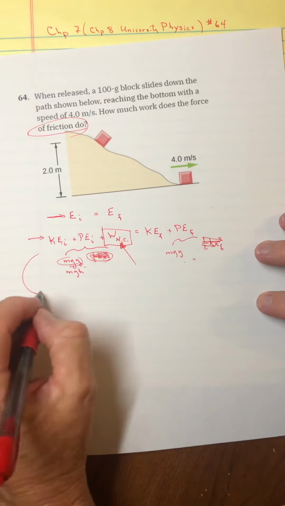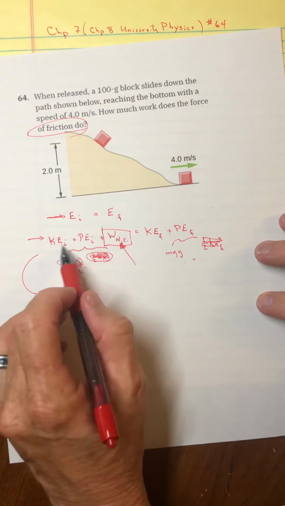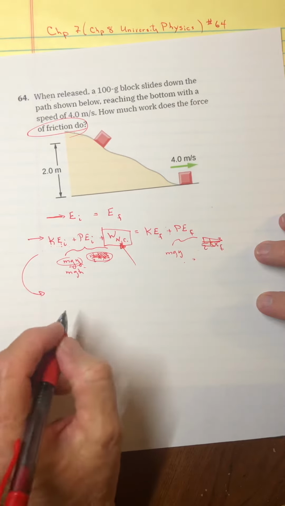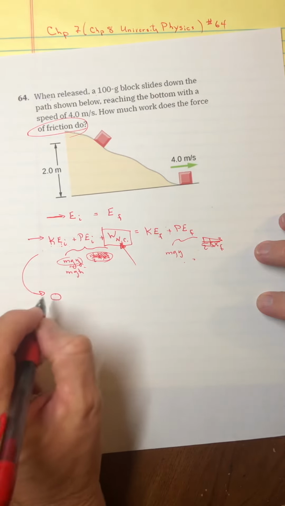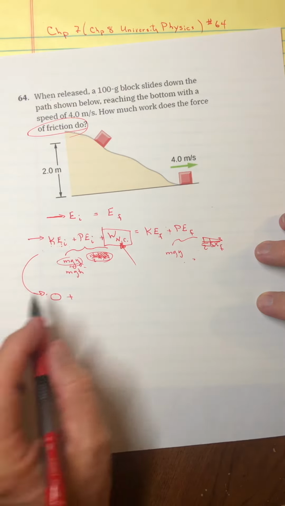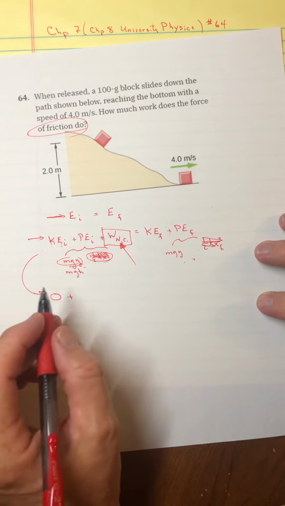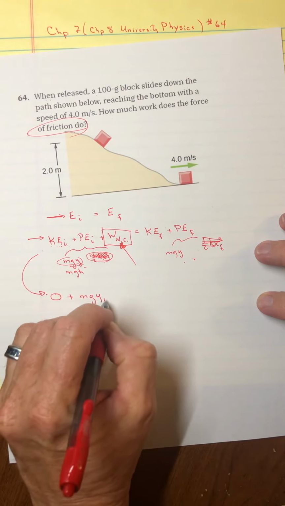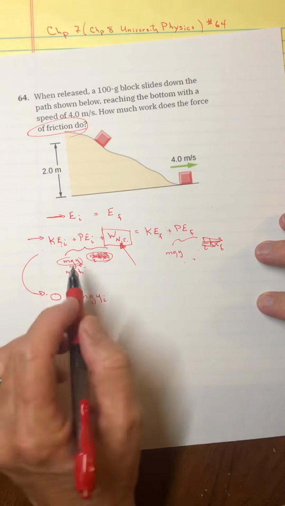All right, so continuing on, I would say what's the initial kinetic energy? So up here at the top it says when released. So that kind of implies zero speed, and since kinetic energy is 1/2 mv squared, I'm going to put zero kinetic energy. Then here I'm going to put mgy initial. That's the potential energy.